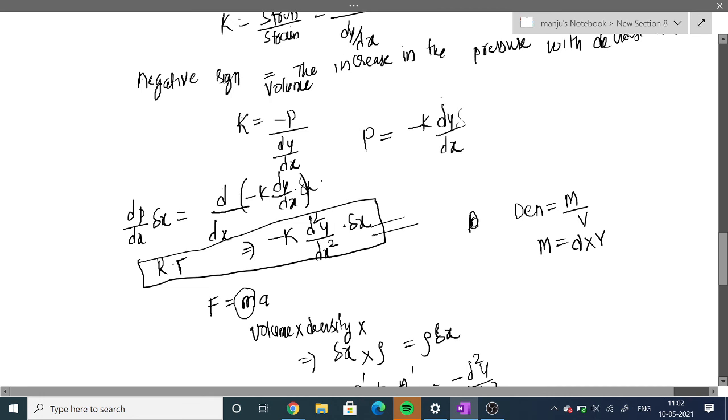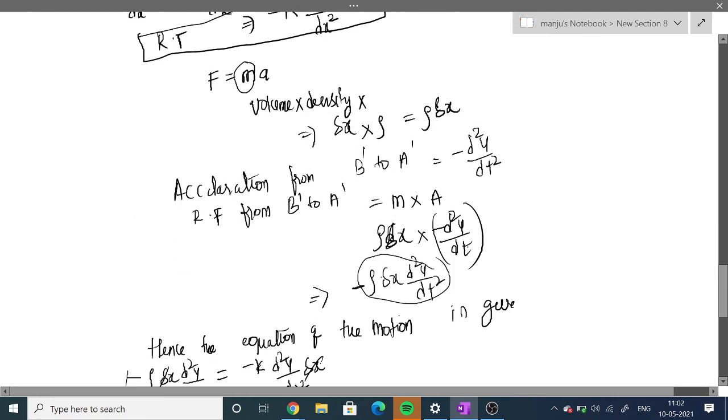We know from Newton's second law that F is equal to ma. We don't want to put the mass here, so we put it in terms of density, since mass by volume is equal to density. The mass is rho delta x.